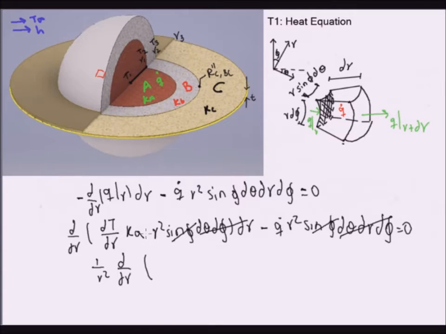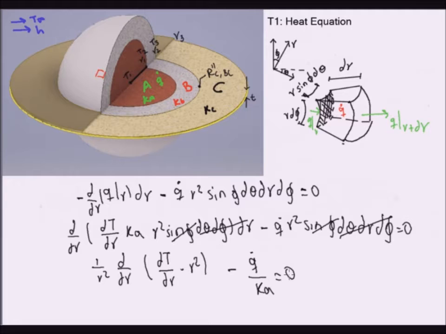So if we divide by Ka, it will just become the coefficient of this Q term here. So we have dT by dr times r squared minus Q over Ka equals 0.